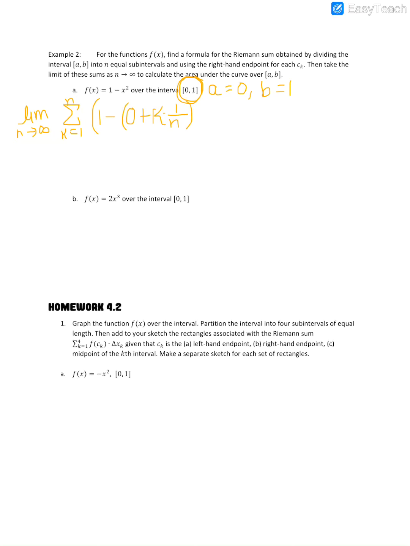This is all squared. Where am I getting that? From the formula right here. So here's my 1 minus x, that stuff squared, times b minus a, which is 1 over n.